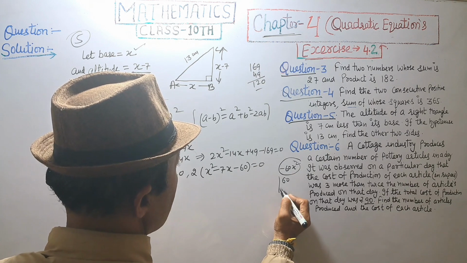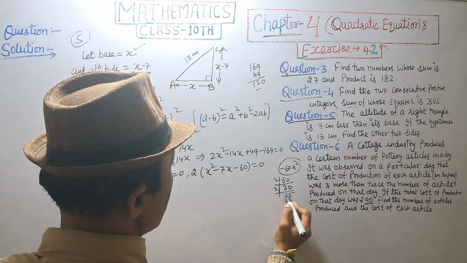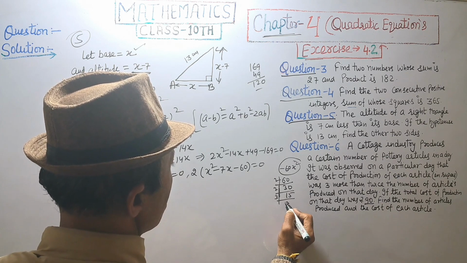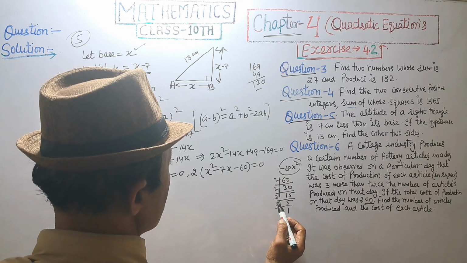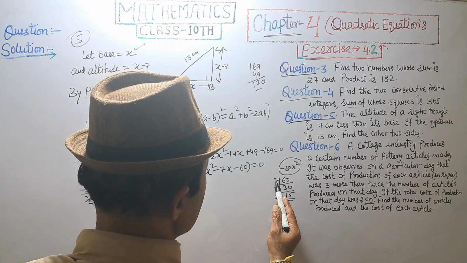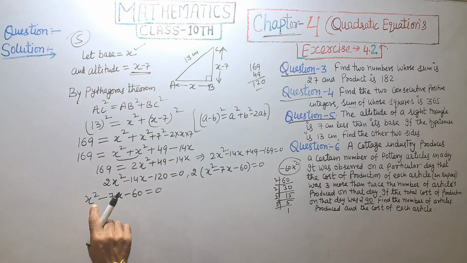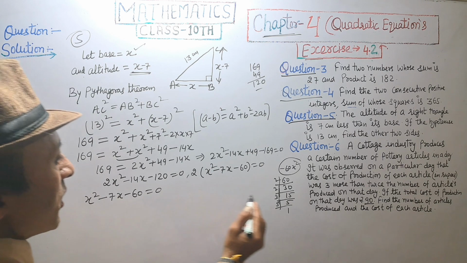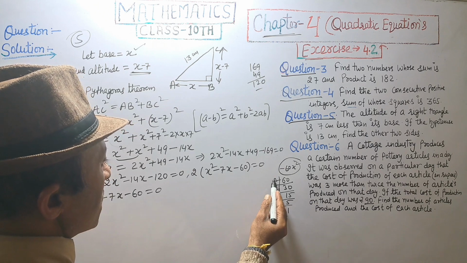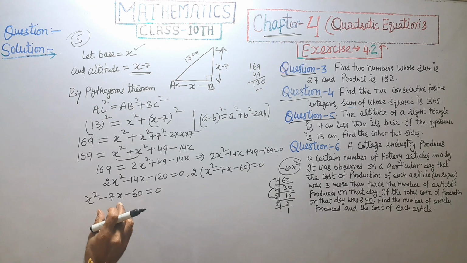Prime factorization of 60 is 2, 30, 2, 15, 3, 5, 5, 1. The product is 60: 4 threes are 12, and 12 fives are 60. 12 minus 5 is equal to 7.